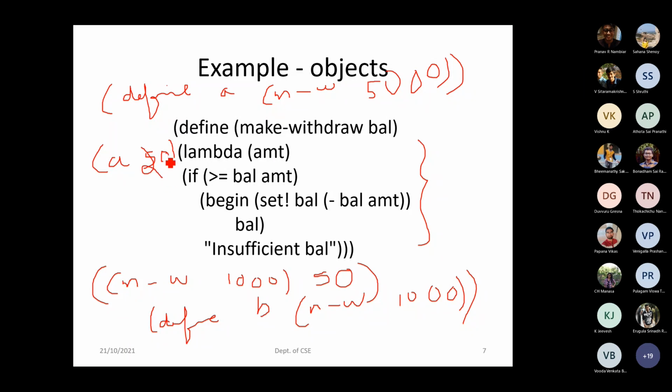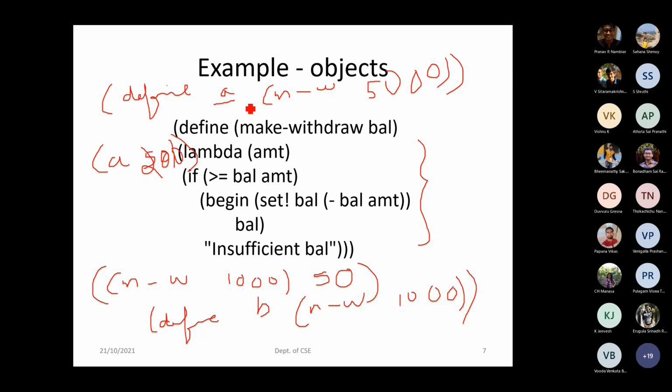So initially you have created your account by setting it to 5,000, right? Whenever you say A, what are the functionalities you can have right now? With respect to the bank, I have written the procedure only for the withdrawal part. I didn't give the functionality for deposit.